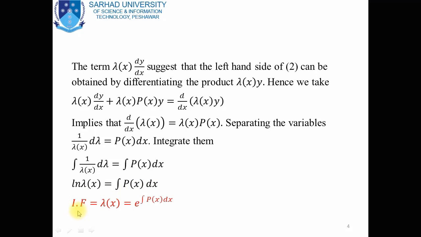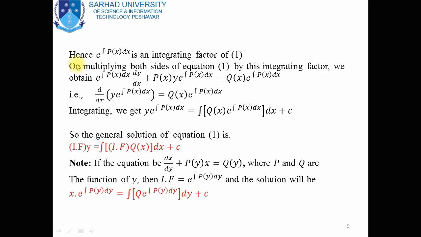So the integrating factor is lambda(x) = e to the power integration of p(x) with respect to x. Hence e to the power integration of p(x) dx is an integrating factor of equation number 1.